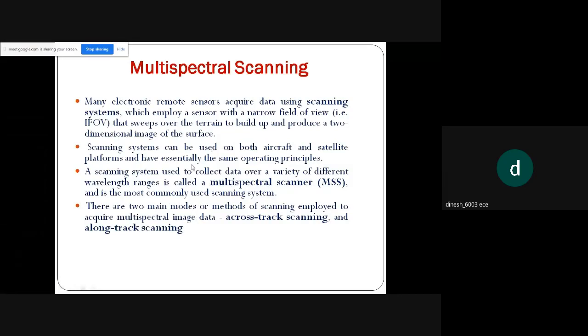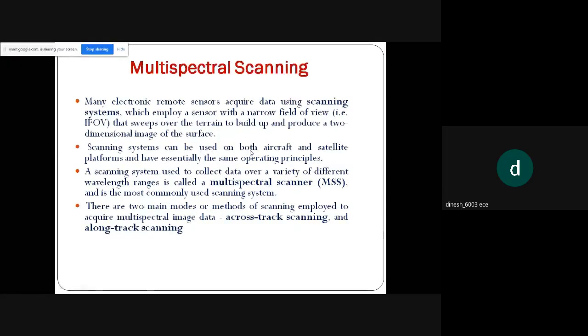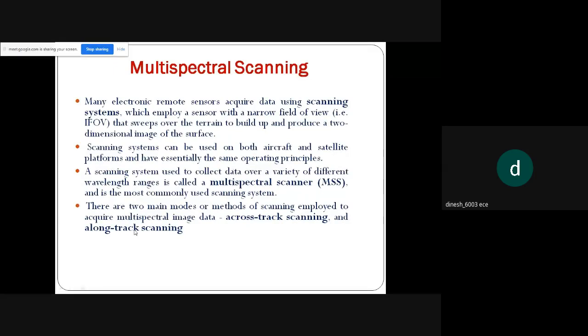These scanning systems can be used on aircraft as well as satellite with the same operating principles. The scanning system used to collect data over a variety of different wavelength ranges is called MSS, multispectral scanner, and this is the most commonly used scanning system in remote sensing. And the two different types, across track and along track, we'll see that.